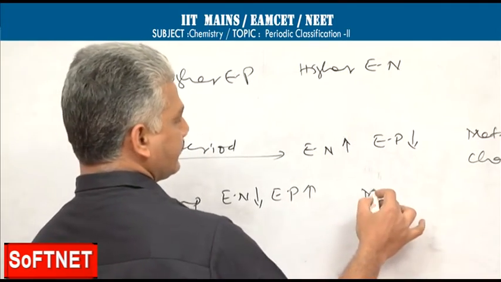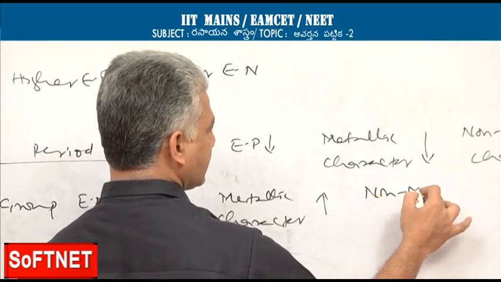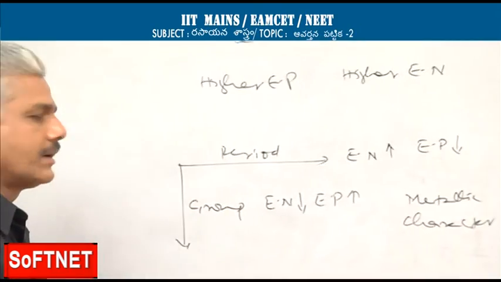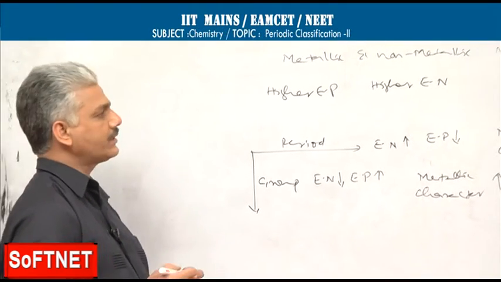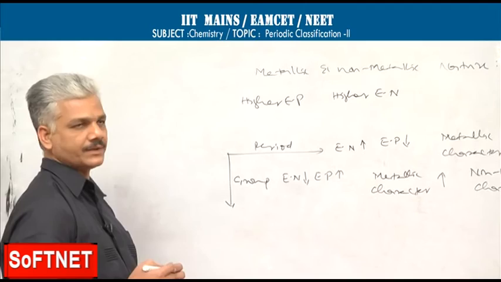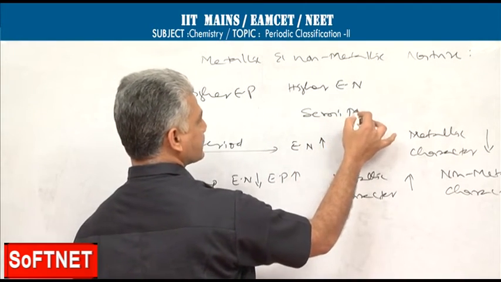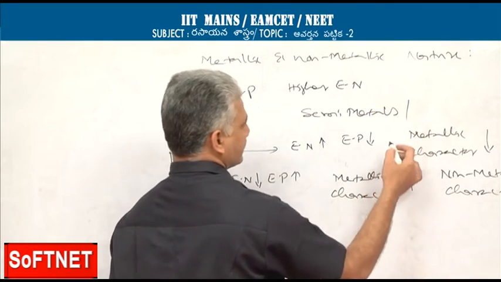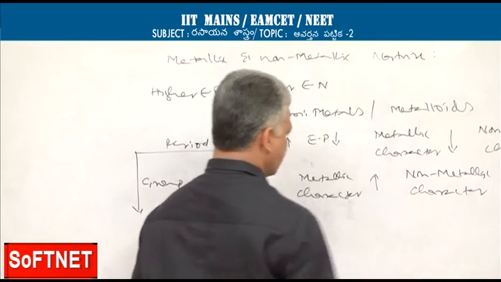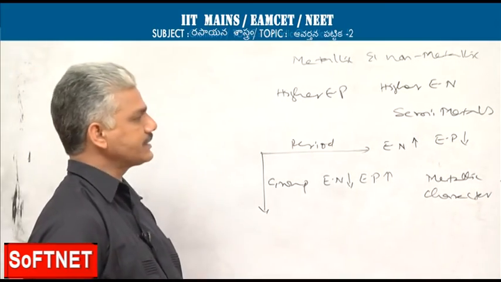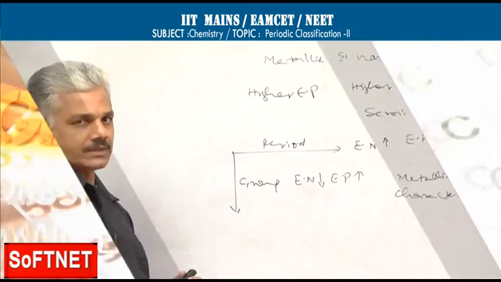Metallic character increases, whereas non-metallic character decreases down the group. The elements with average electropositivity and average electronegativity values are treated as semi-metals, or these are also called metalloids. Generally, they will possess 50% ionic character and 50% covalent character.